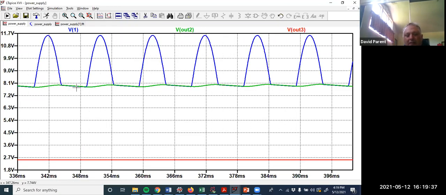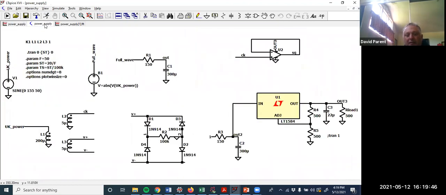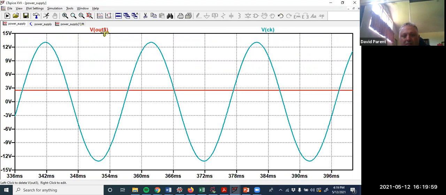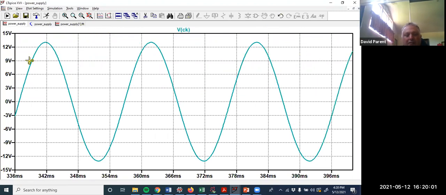And now here is the output of the low pass. Then here's the output of the regulator. And then here, the clock, basically I just have a sine wave that's reduced. Okay.